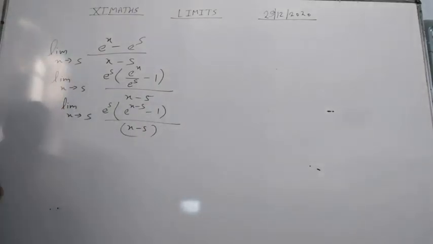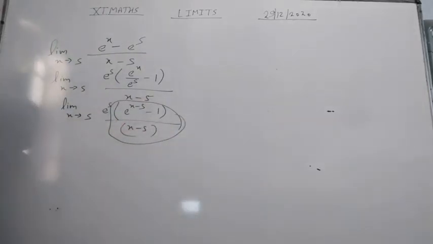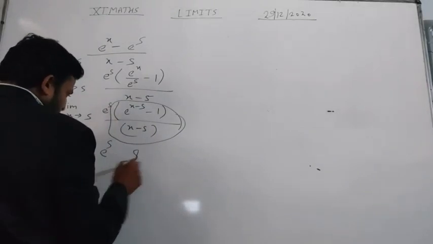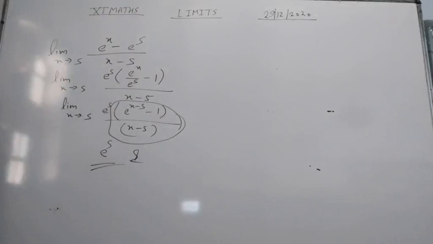Okay student, so we are seeing that this part is equal to 1 and this is e to the power 5. So it will be our required result. Okay, I hope you understand.